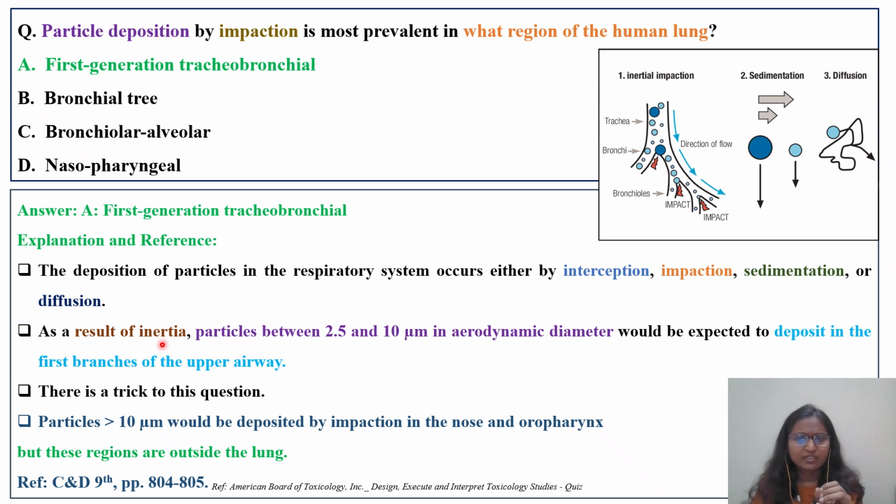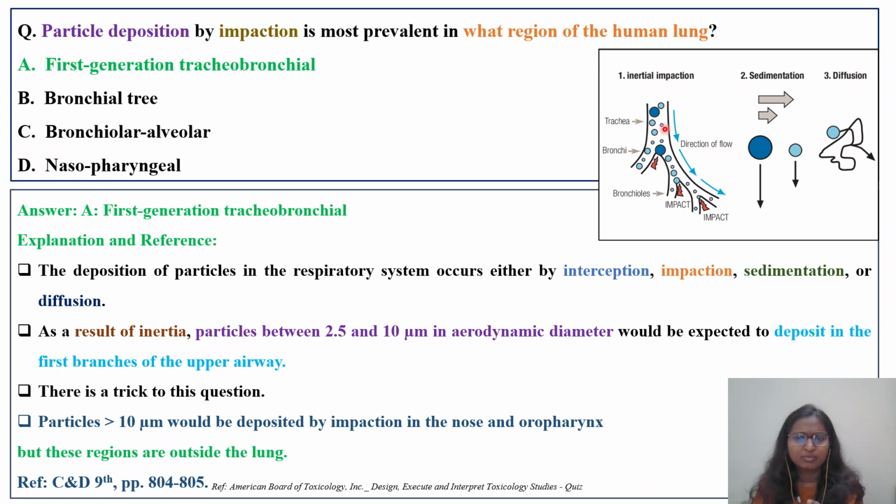As a result of inertia, particles between 2.5 and 10 microns in aerodynamic diameter would be expected to deposit in the first branches of the airway tract. Only in the first branches of the airway tract will particles of this size, 2.5 to 10 micron, be deposited. This is inertial impaction.